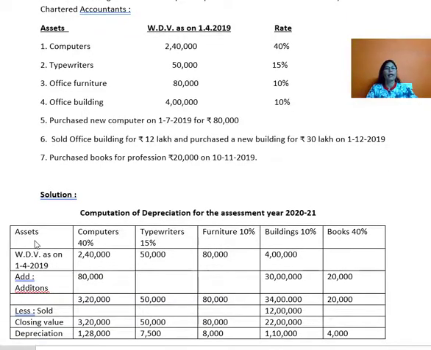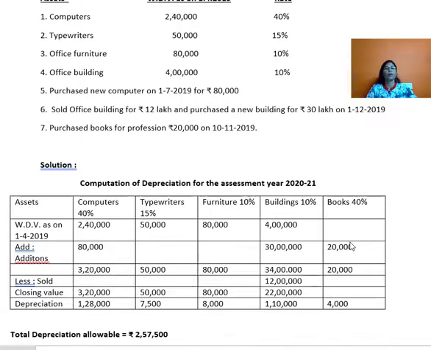So assets, computation of depreciation, we have computers at the rate of 40%, typewriters 15%, furniture 10%, buildings 10% and books 40%. Now we shall first take down the written down value as on 1st April 2019.